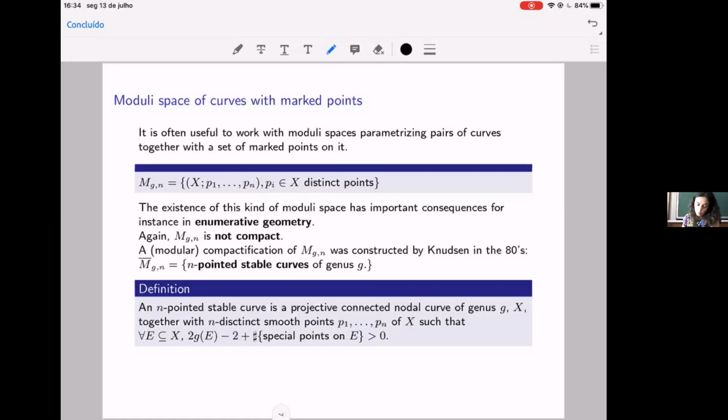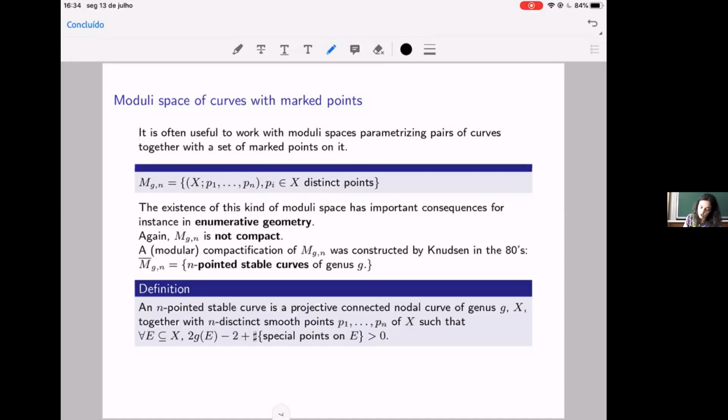The curves can degenerate, as was the case in M_g, but we can also have the points colliding, for instance, and then we have to do something about it in order to be able to distinguish the points. And also we don't want points to degenerate to singular points. These are two situations that we have to deal with when we want to describe a compactification for M_{g,n}.